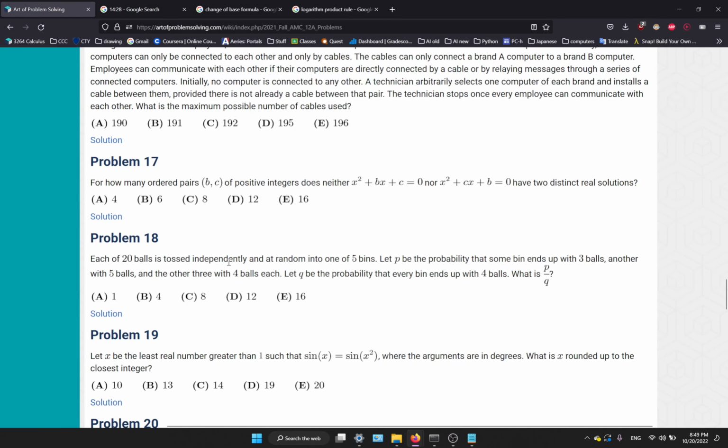Good. 20 balls tossed independently in random 1 of 5 bins. Let P be the probability that some bins end up with 3 balls, another with 5 balls, and another with 3 balls. Okay, so we've got 5 factorial divided by 3 factorial over every bin ends up with 4 balls.